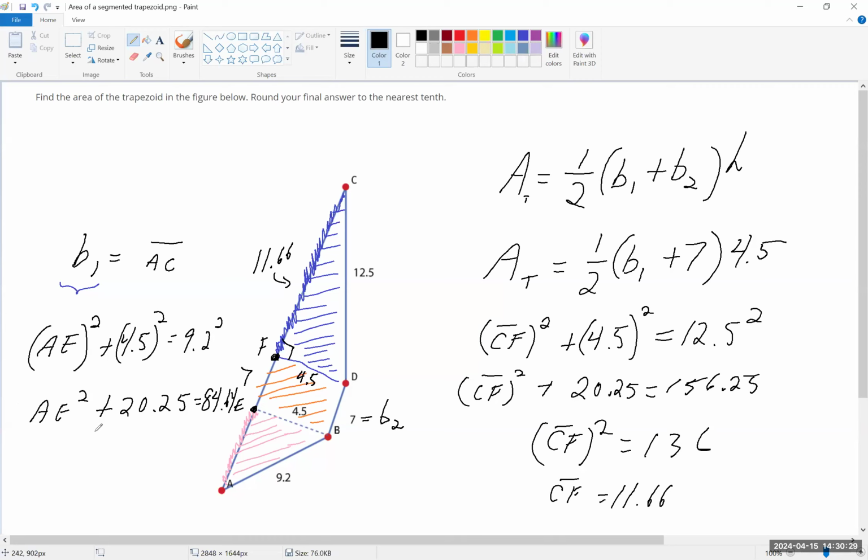So subtracting 20.25 on both sides, let's see what we get. So it was 84.64 minus 20.25, and I'm getting 64.39.